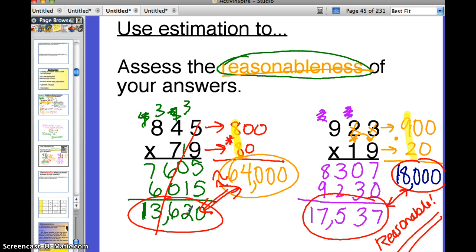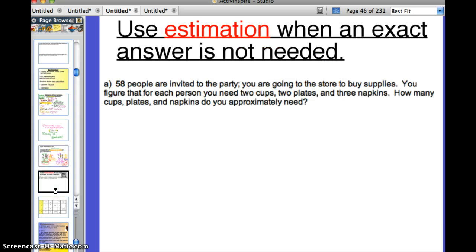So that's one strategy you can use to look at your answers and say, hey, is it close to the estimate? Another thing you can do is use estimation when an exact answer is definitely not needed. Okay, let's look at this word problem together. It says, 58 people are invited to the party. You're going to the store to buy supplies.